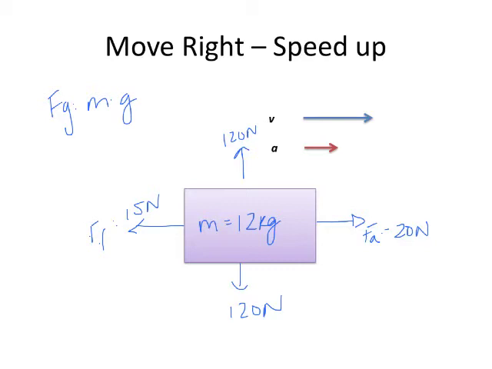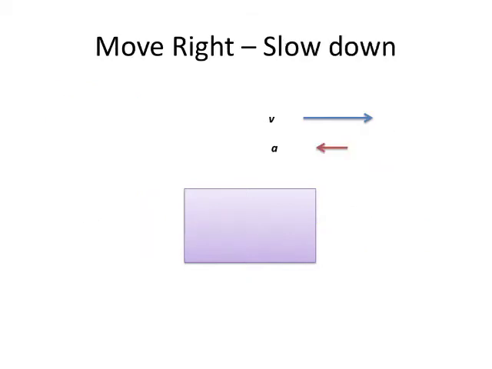If you notice, your velocity is to the right, and our acceleration is also to the right. So try to pick up on a pattern here. Velocity should match where we're moving. The acceleration matches something else. So here's moving to the right and speeding up. Here's moving to the right but slowing down.